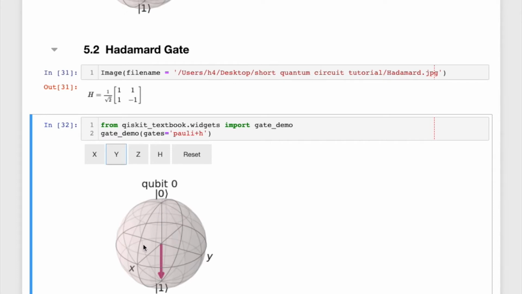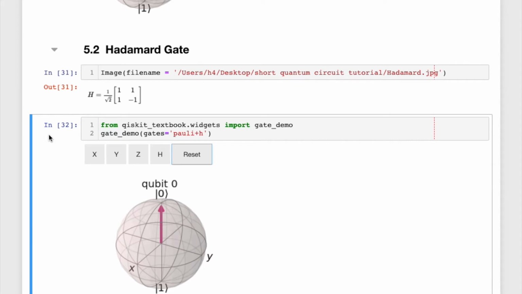If I rotate this vector around the z-axis, nothing happens. If I rotate it around the line between the x and the z-axis 45 degrees, it turns as expected. You can just play, it's kind of fun, and then you can reset it. This is a very intuitive way to understand what all this does.